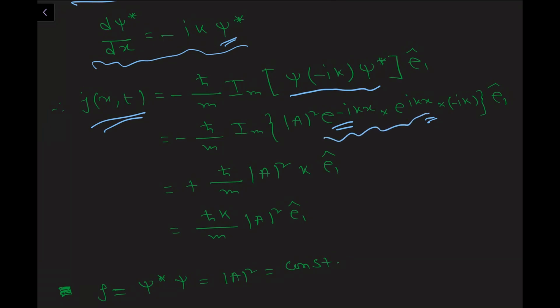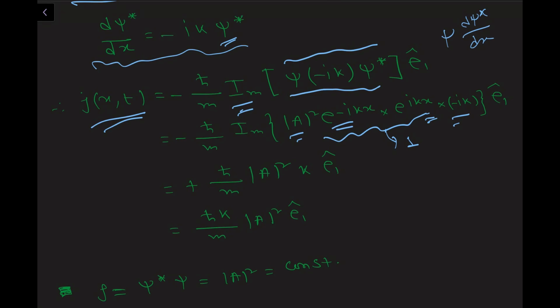So these two terms, e to the power minus ikx and e to the power ikx, become 1, and this entire term is a complex number. So we know our formula: the imaginary part of psi del psi star dx.